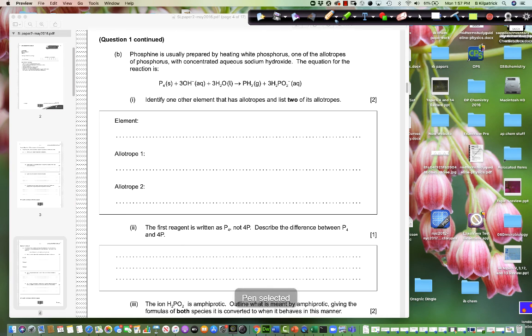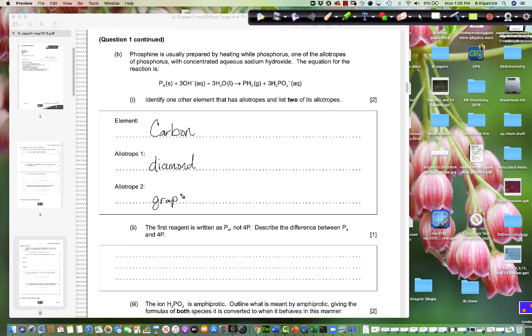An allotrope is going to be where you have the same chemical composition, but the structure is different. So one of the main allotropes that we do talk about is carbon, or an element that can make allotropes, rather. And one of the forms would be a diamond. Okay, and it could also be graphite.